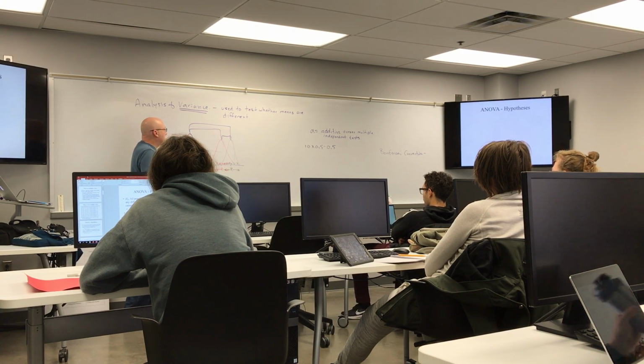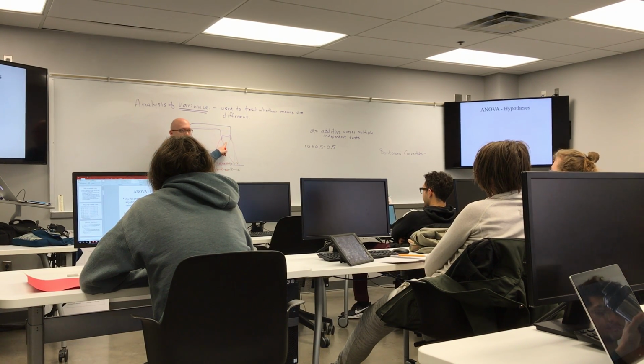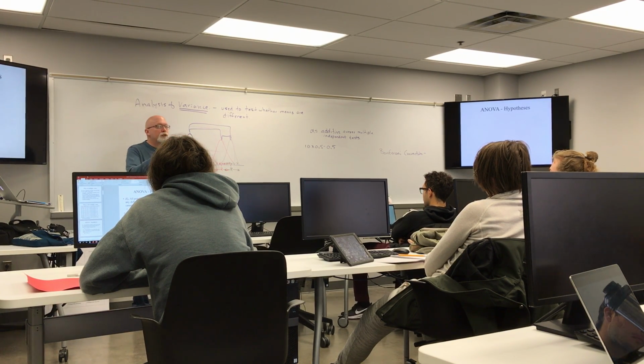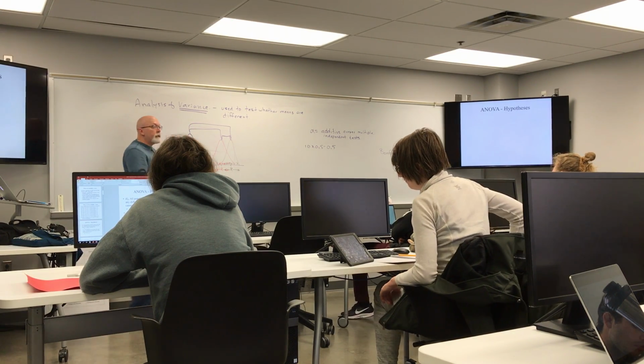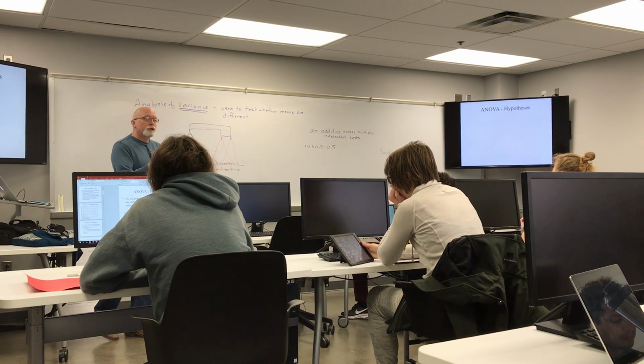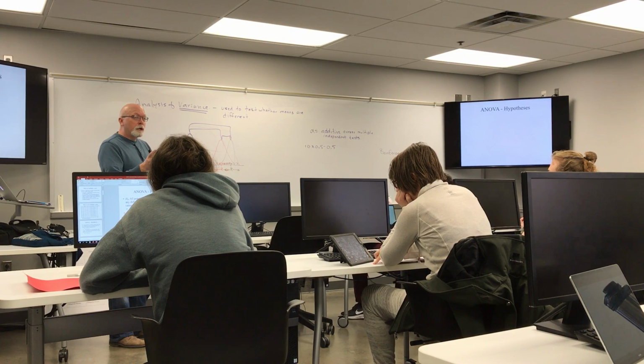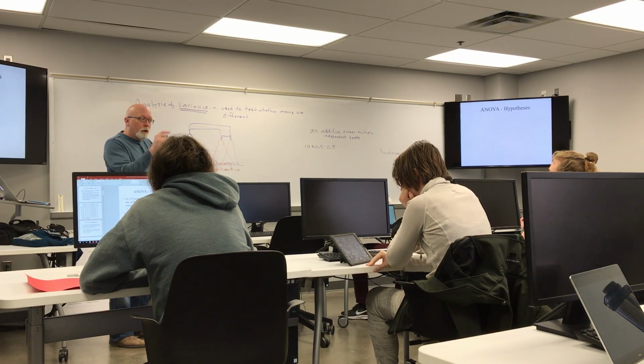If the variation among the means is small relative to the variation within, that within-sample variation obscures your ability to see the variation among the means. If the variation among the means is huge compared to the variation within, it's really easy to see that those means are different because you don't have all that within-sample variation clouding your view.